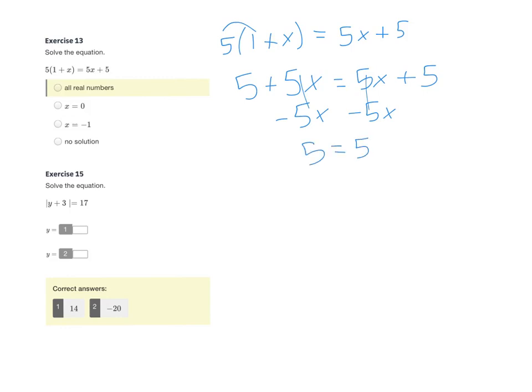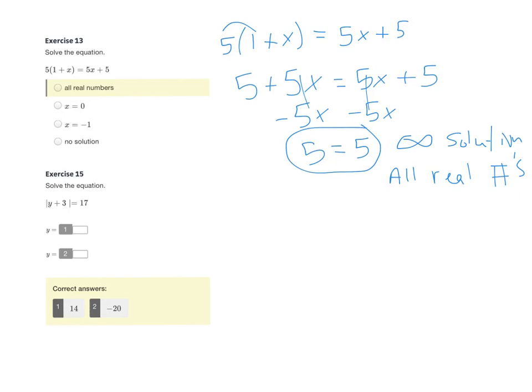So, if your variable disappears, and you get something that's true, like 5 equals 5, the answer is infinite solutions. Also in math, we call this all real numbers. Okay? And just a quick rundown.